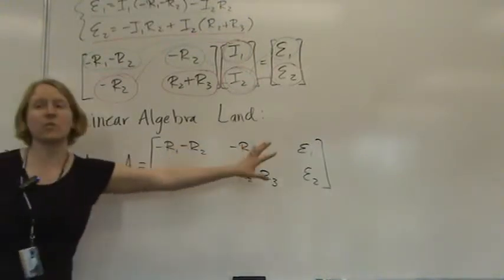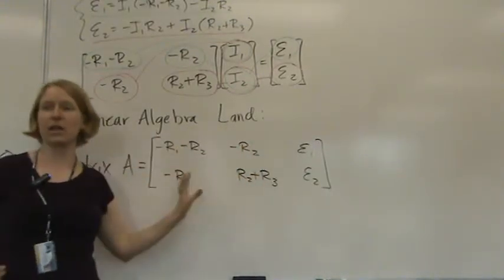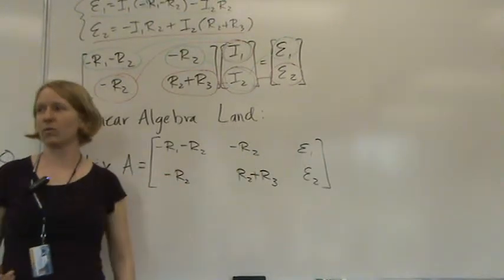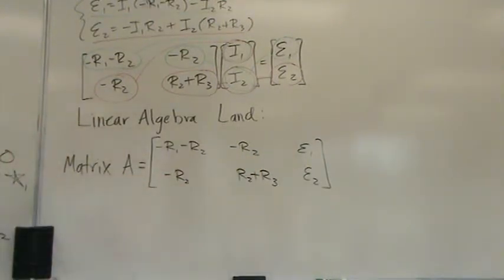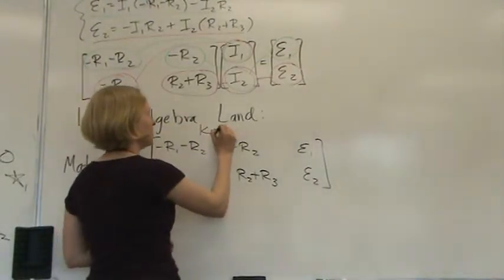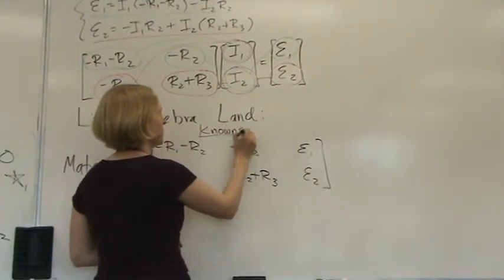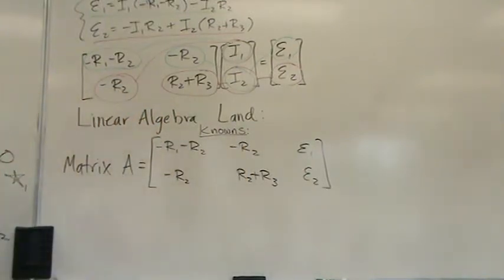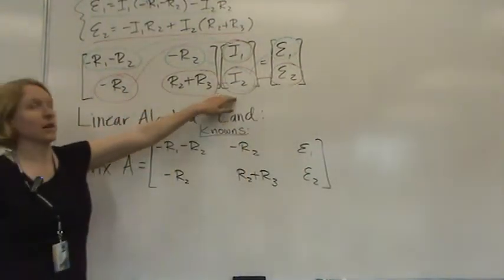And these are the values we are given. So when you actually plug in numbers, you'd have all of this filled in with numbers. So these are all of our knowns. And what we're looking for are the currents, I1 and I2.